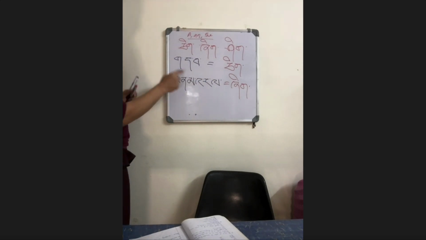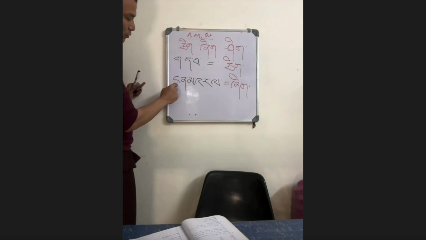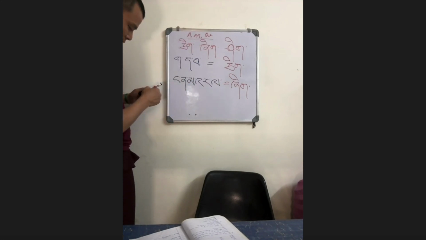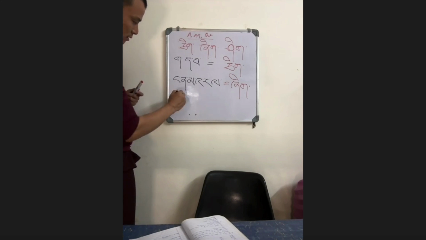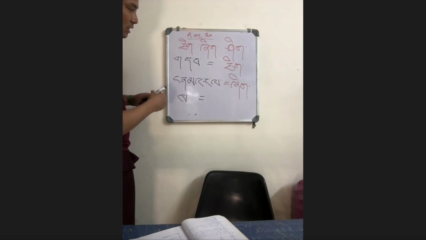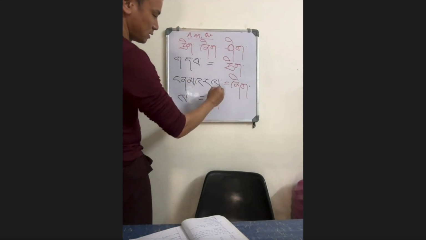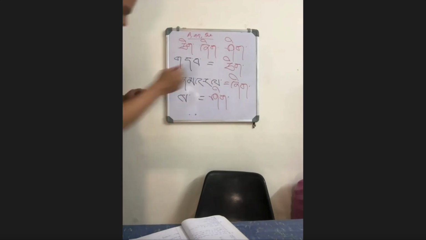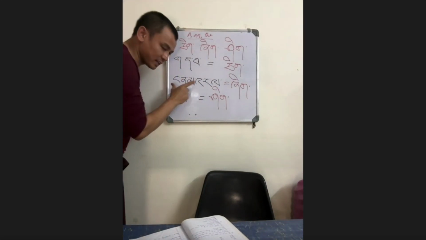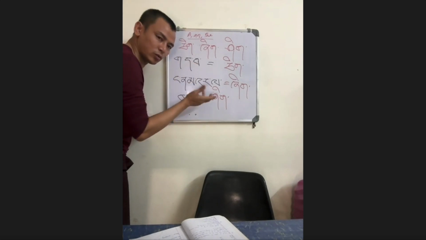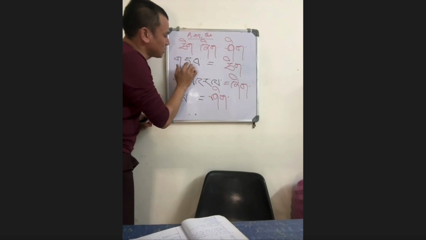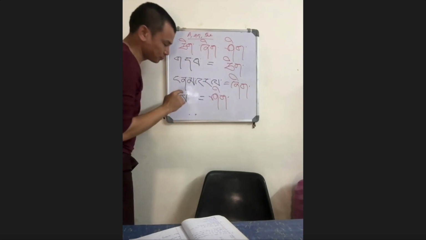And now how many suffix are left? 1, 2, 3, 4, 5, 6, 7, 8, 9. Now one suffix left, right? Sa. Only one left, sa. The sa suffix always brings shik. Okay, shik. So this you have to understand now. You have to understand the 10 suffix. Ka, ta, pa always bring chik.